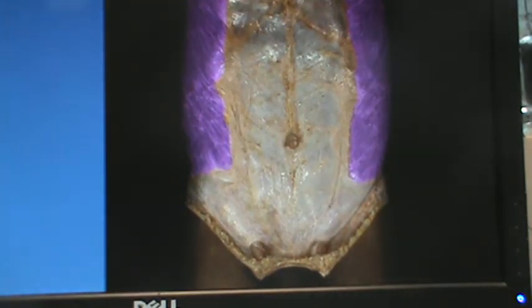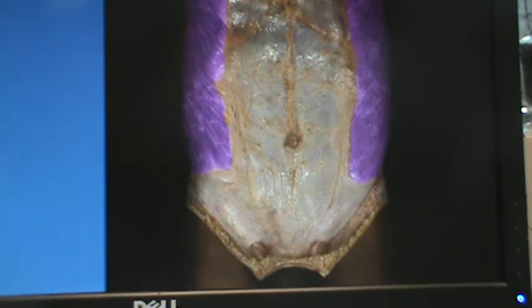What do we have here? What is the origin here? That would be the ribs. What would be the insertion? Iliac crest and the pubis.